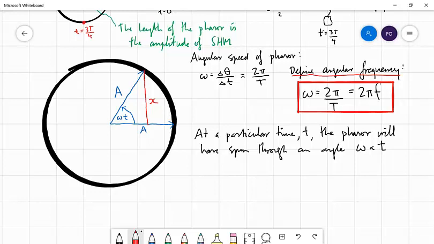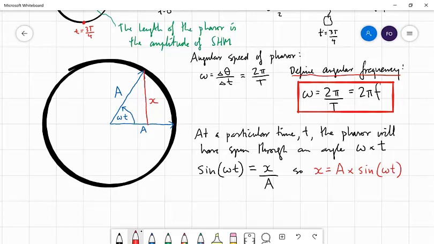So we can say sine of omega t is equal to opposite over hypotenuse, x over A. So the position of this particular simple harmonic motion, x, is equal to A times sine of omega t.